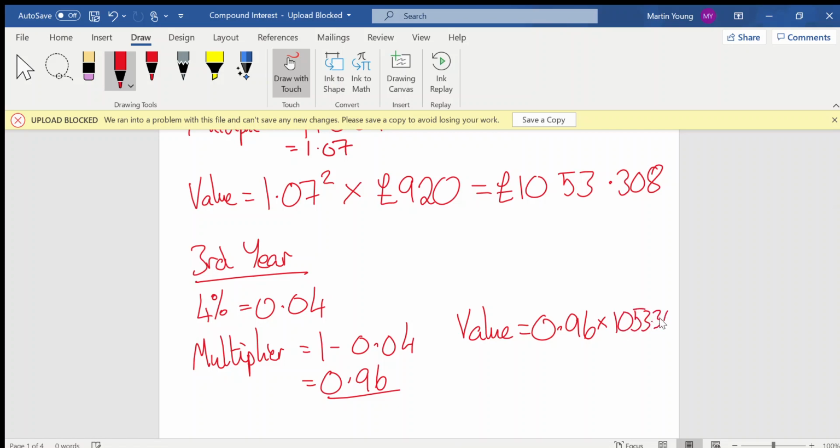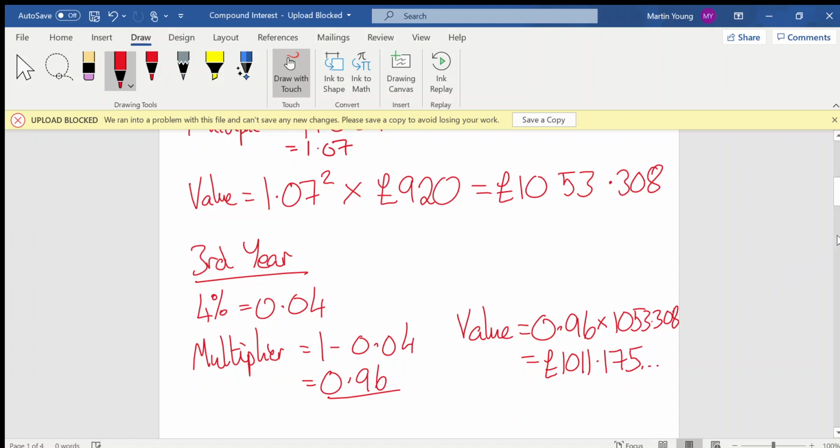See if I can fit that in. Yep. Get the calculator out. 0.96 times 1053.308. I get 1011.175, and that just goes on.